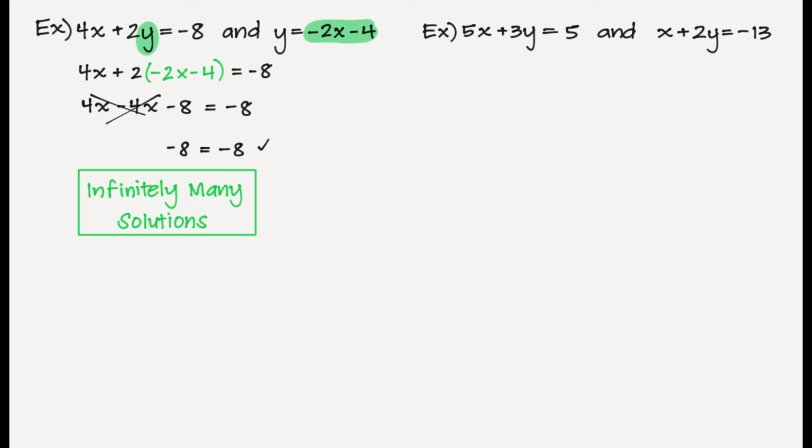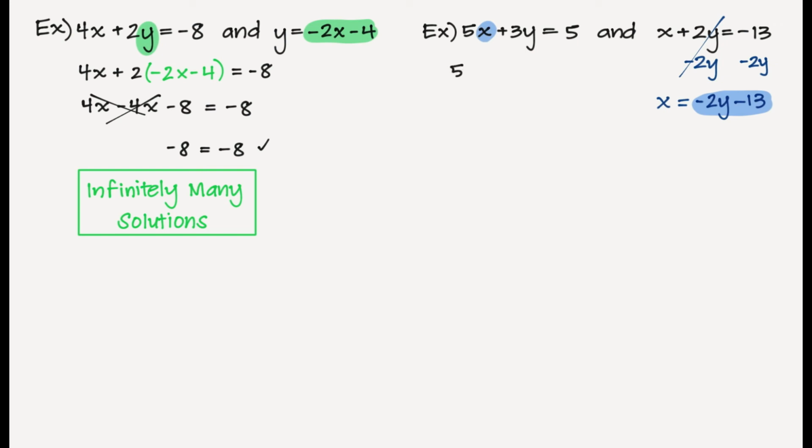Neither equation is a variable equal to everything else, so we need to rewrite one of them. So I'm going to rewrite my second equation this time. So I'll subtract 2y from both sides, and I'm left with x is equal to negative 2y minus 13. And now I can substitute that for the variable x in my first equation.